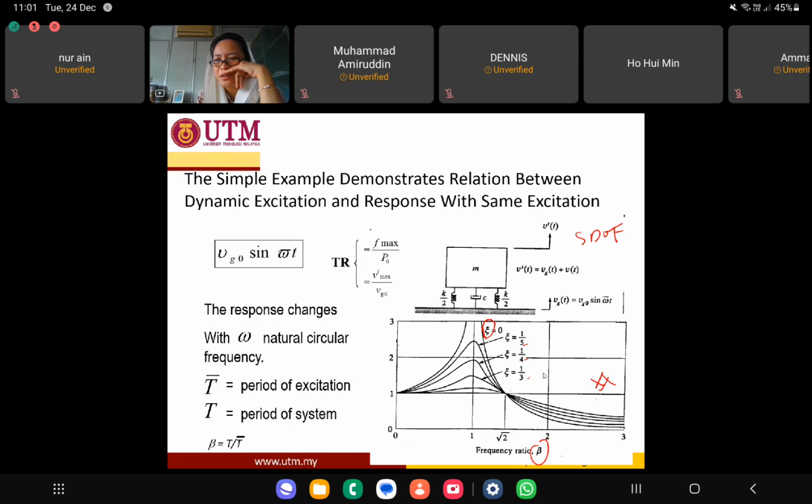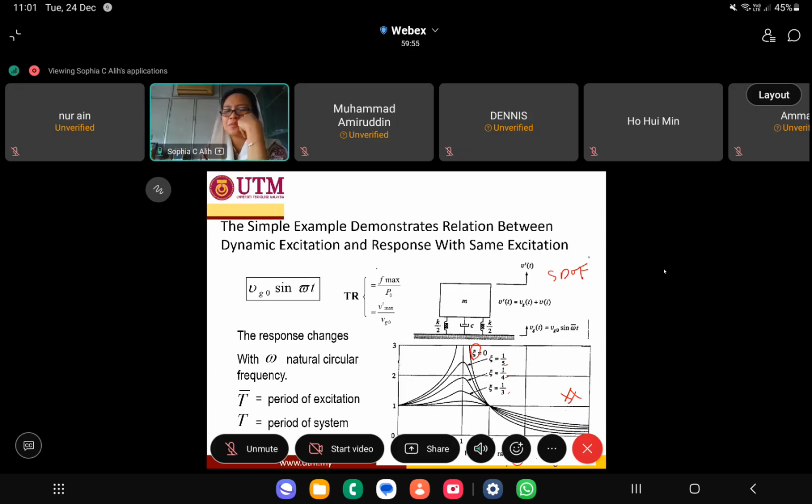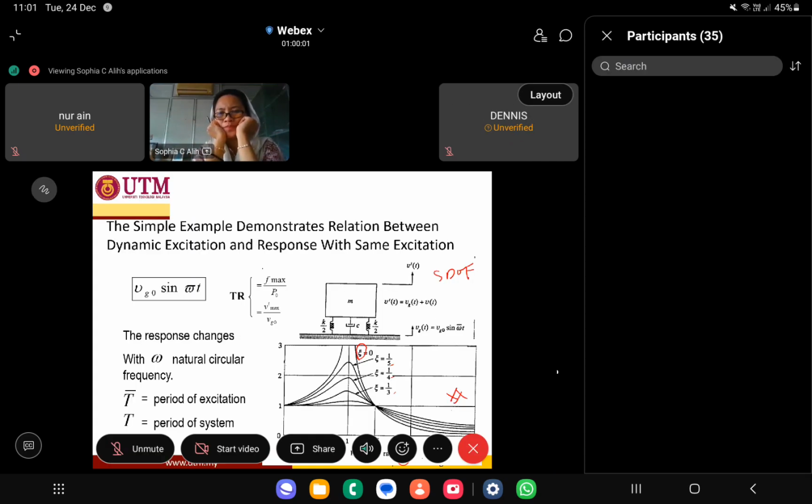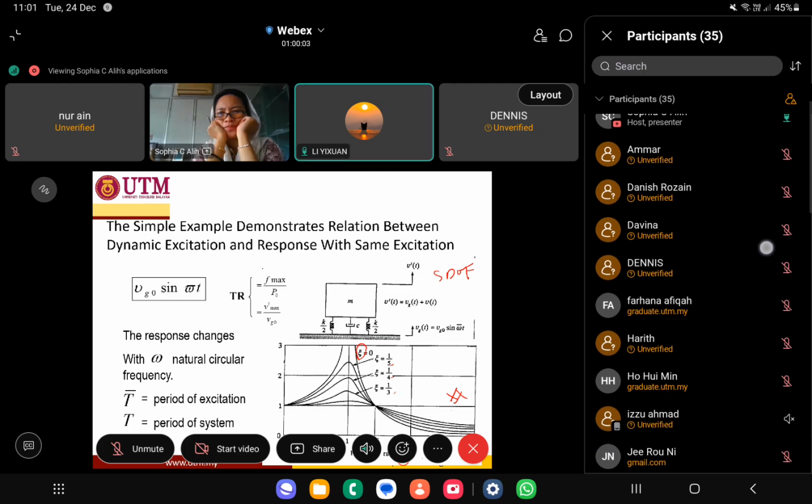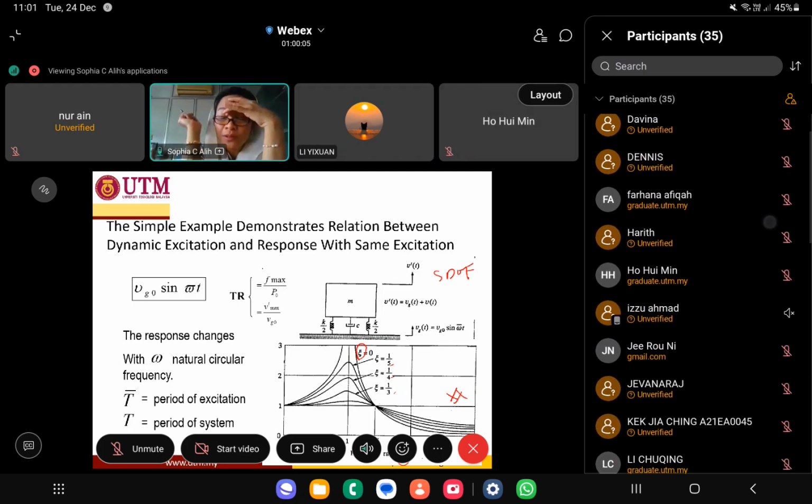Can we hear from Lee Yizwan? Lee Yizwan, can you also give some opinion about this damping? Maybe a calculation for the response.